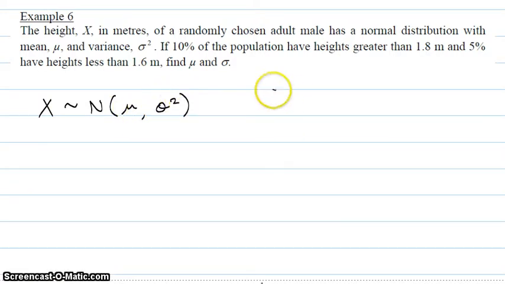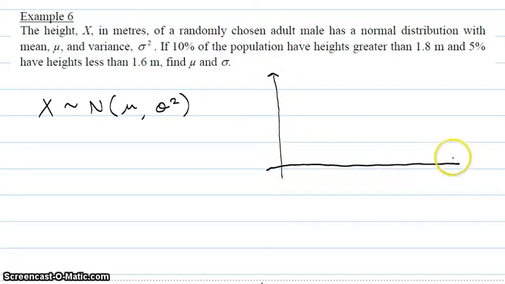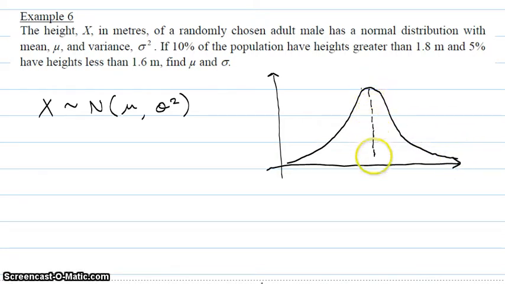So if I was to draw this out on a diagram, sorry about this, it's a little hard to draw. That means I'd have some sort of normal distribution here, my bell curve as per usual, and this would be a mean of mu, and I've got some sort of standard deviation, and I'm told something else.